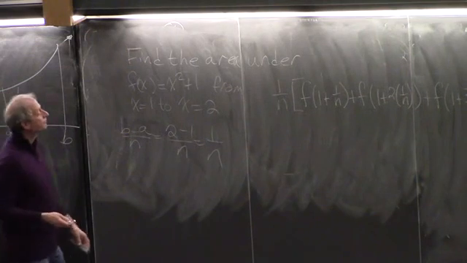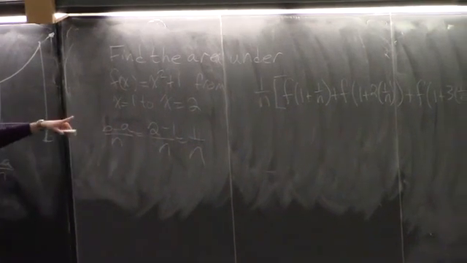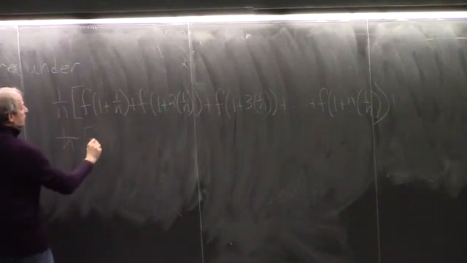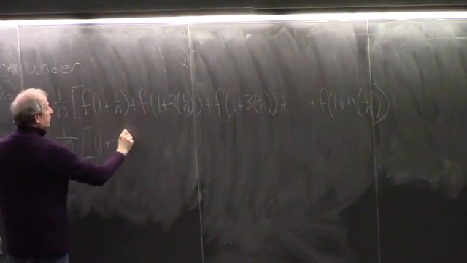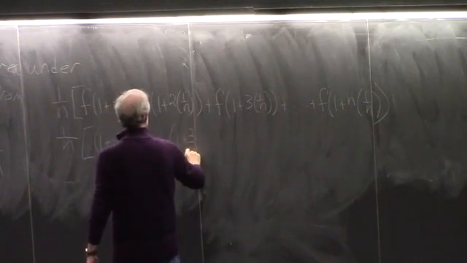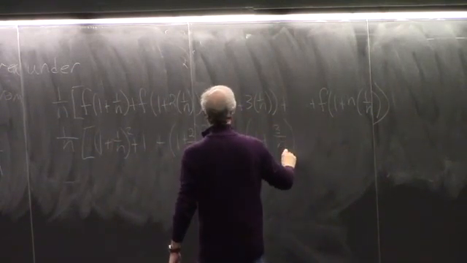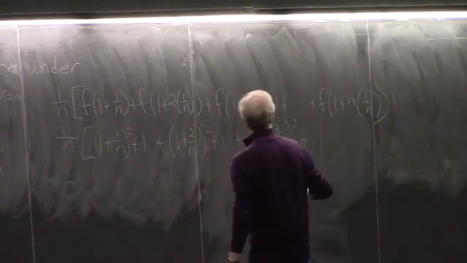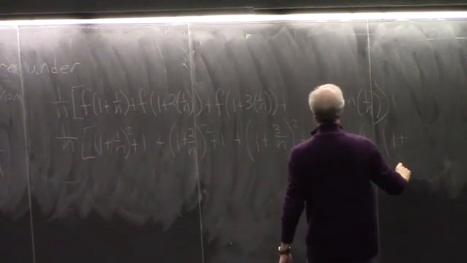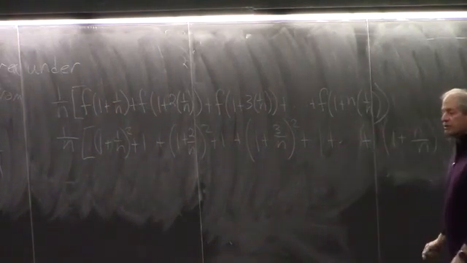Okay. Now, what is f of x? f of x is x squared plus 1.